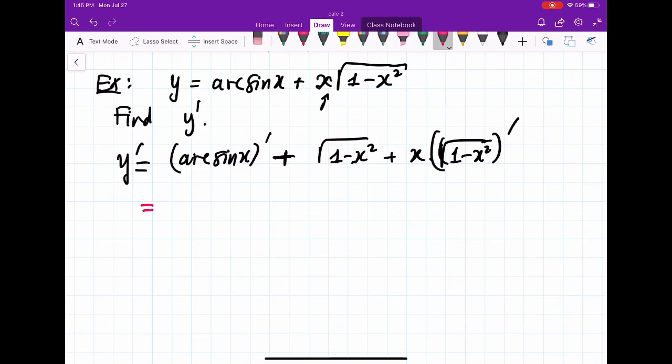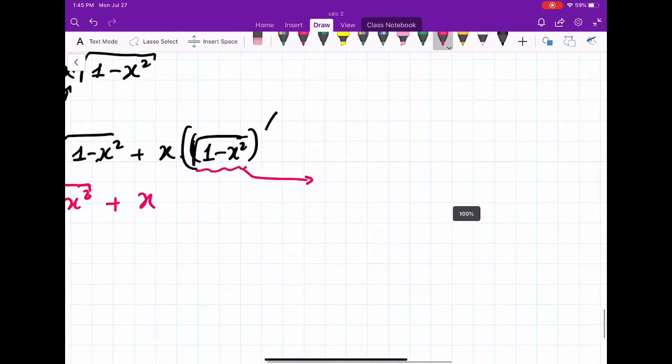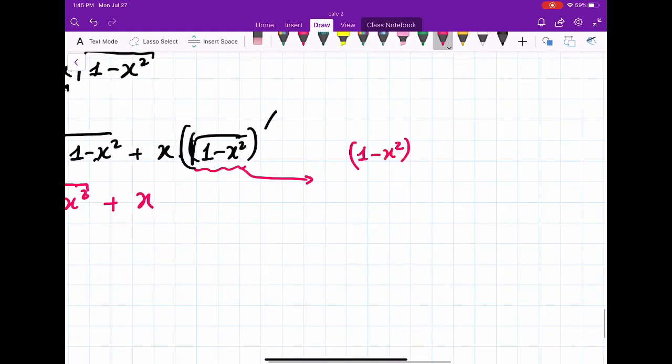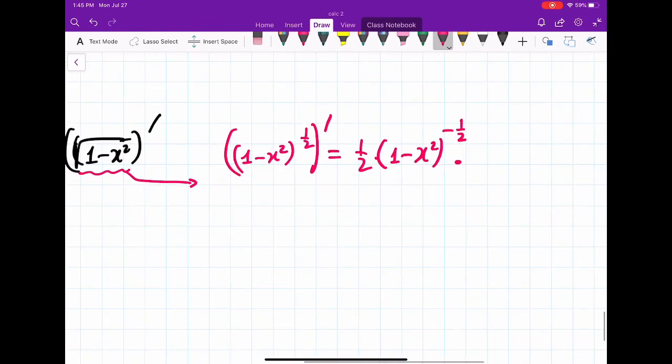The derivative of x arc sine is 1 over the square root of 1 minus x squared. Okay, here the square root of 1 minus x squared plus x. So I need to use the chain rule, right? Let's find this separately. 1 minus x squared to the 1/2, that is the square root. So I apply the chain rule. I will get 1/2 times 1 minus x squared to the negative 1/2, and then times negative 2x. Negative 2x comes from the derivative of the inside function.